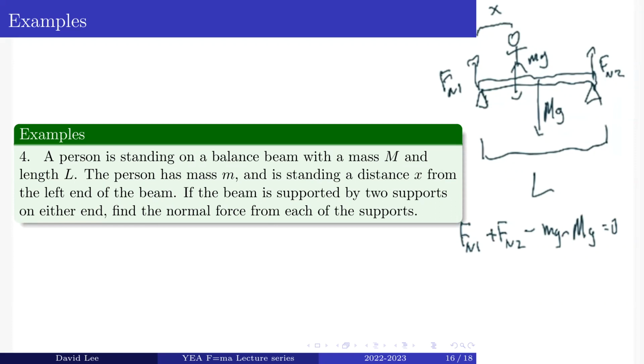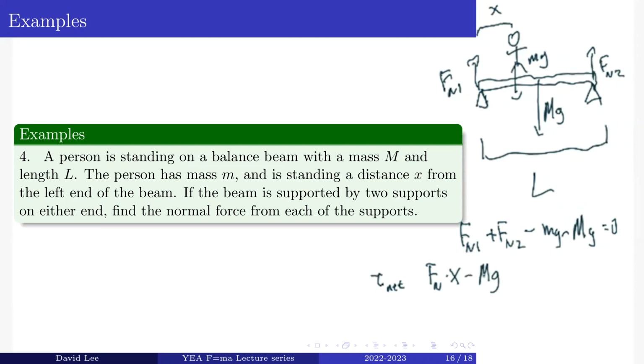Okay, so the torque around the person, there's going to be Fn1 times X. That's the normal force. And then there's the gravity on the person. That's 0 because the person is our pivot. Then we have Mg. It's in the other direction.